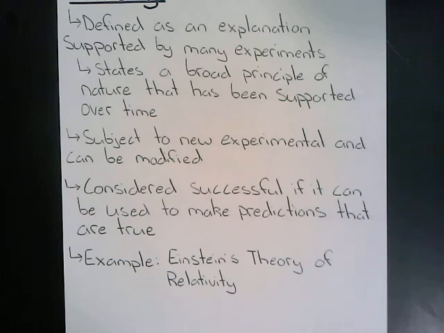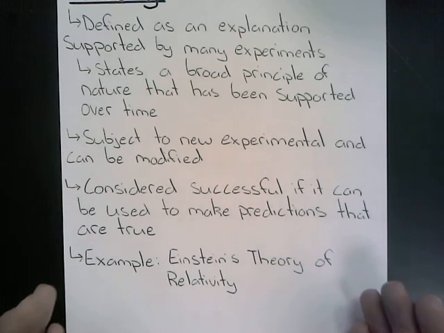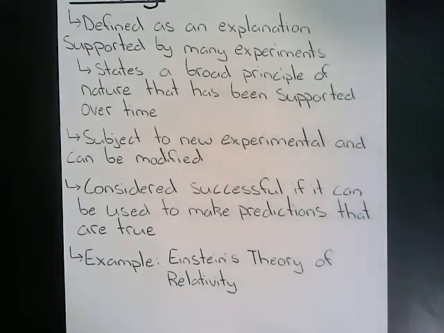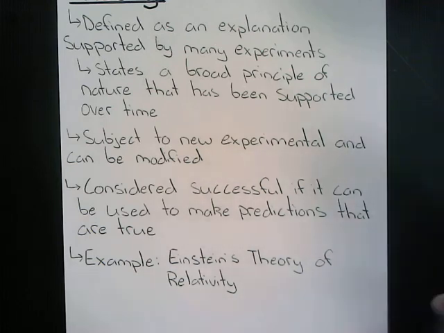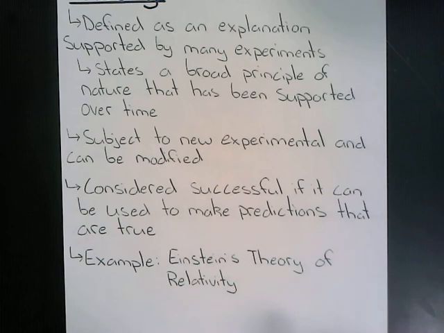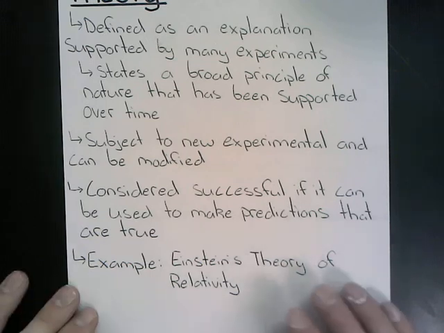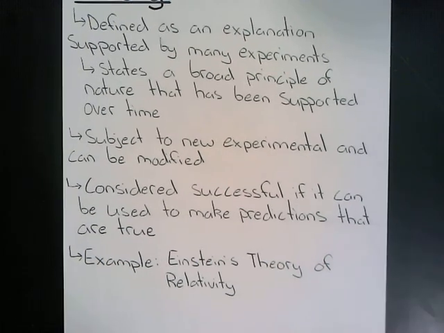Now, Einstein made this claim, and since he made that claim, there have been many experiments and many sets of data that have actually led to proving his theory to be more and more correct. So again, a broad principle. It's explaining some major physics concepts of the universe, and there are many experiments that are supporting what Einstein says.